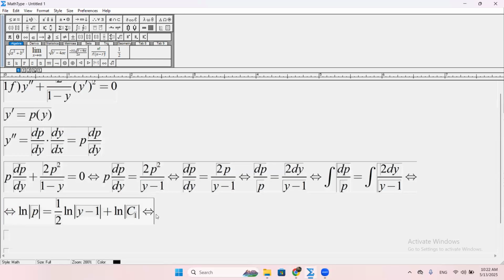So then p will be equal to c1 times the square root of y minus 1.